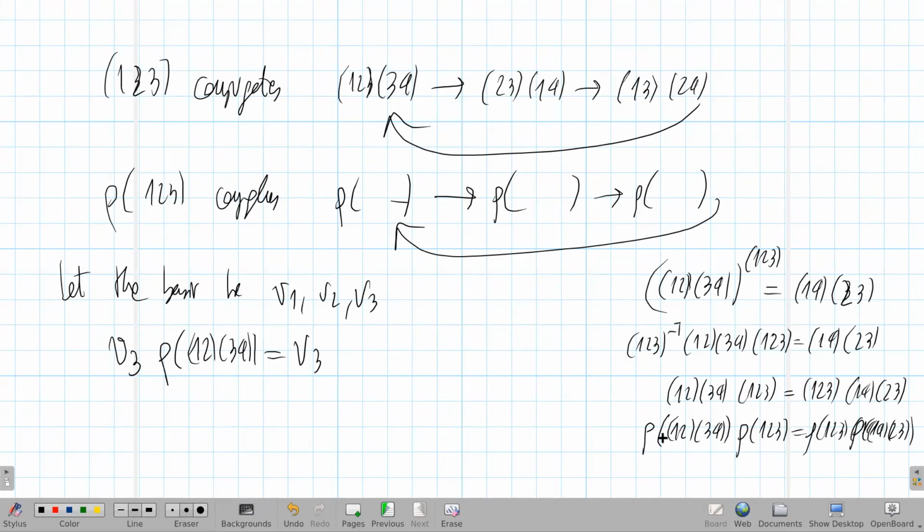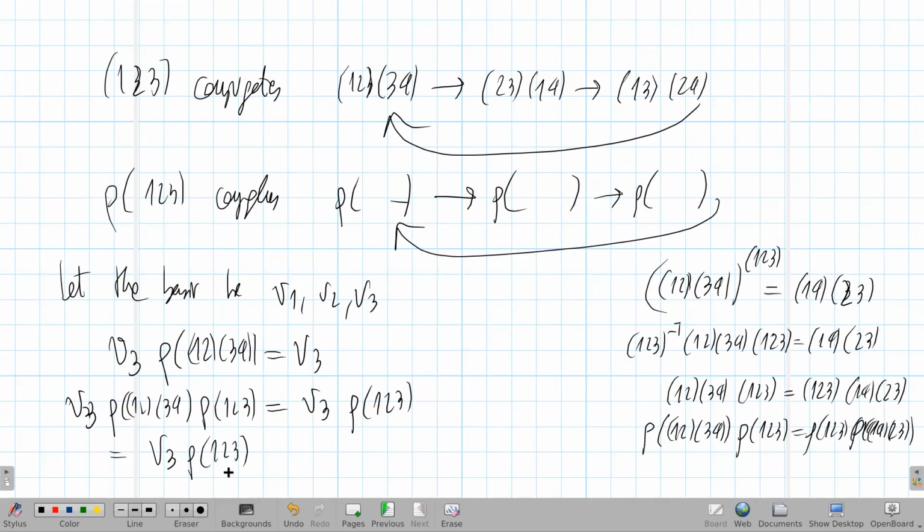Okay, so look what happens when we apply rho of (1 2 3) here. So you have V3 of rho (1 2 3 4), rho of (1 2 3). This V3 rho (1 2 3). Okay, but this is the same as, let's see whether this is correct. Yes, okay. This is the same as V3 rho (1 2 3), rho (1 4 2 3).